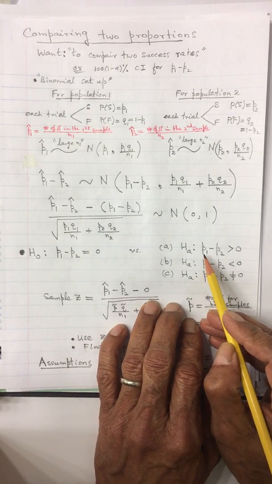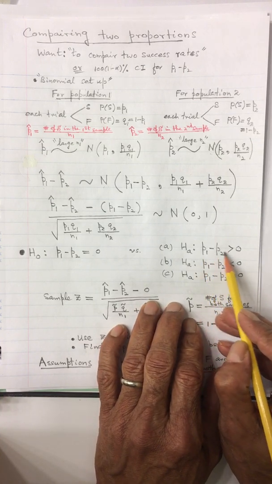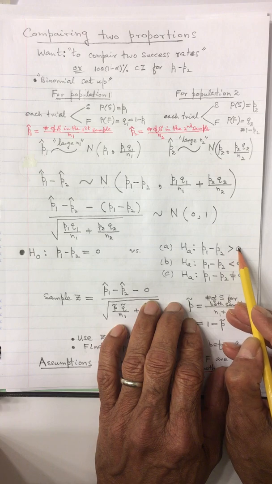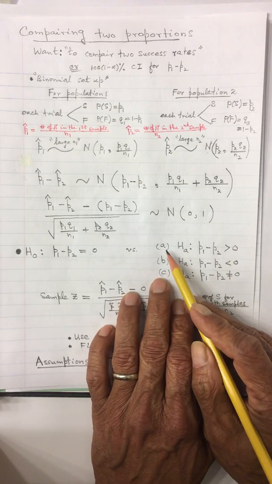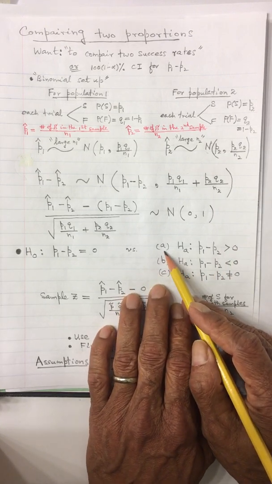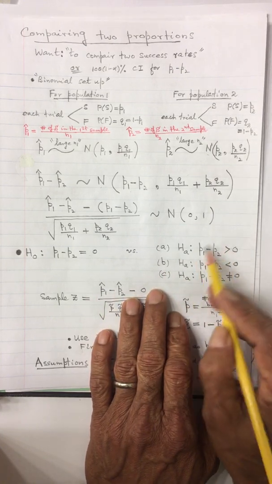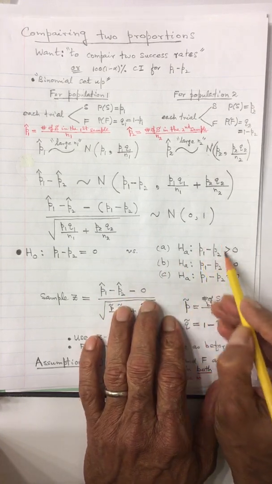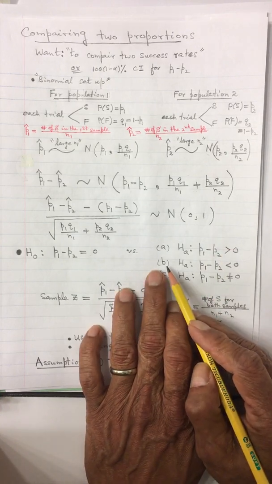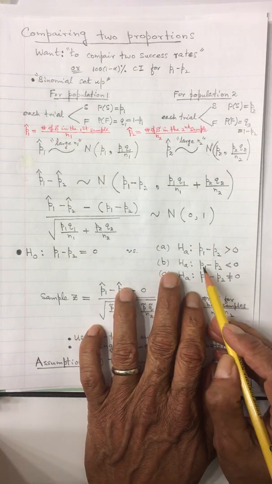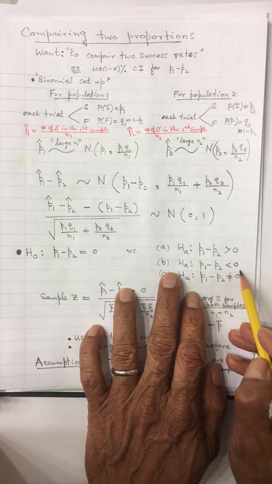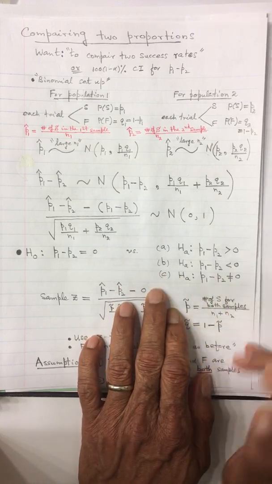The first type is P1 minus P2 greater than 0, in other words, this rate is bigger than this rate. Part B is P1 minus P2 less than 0, and then not equal to.